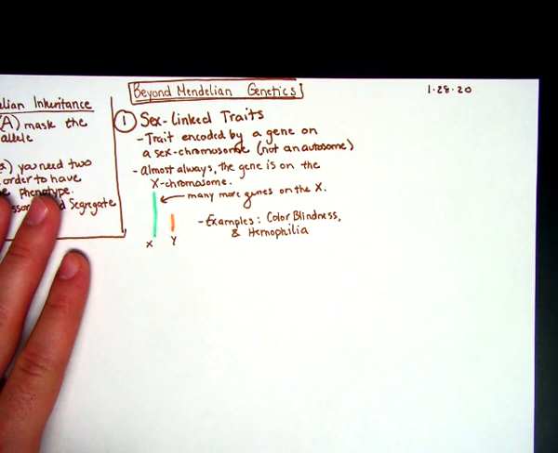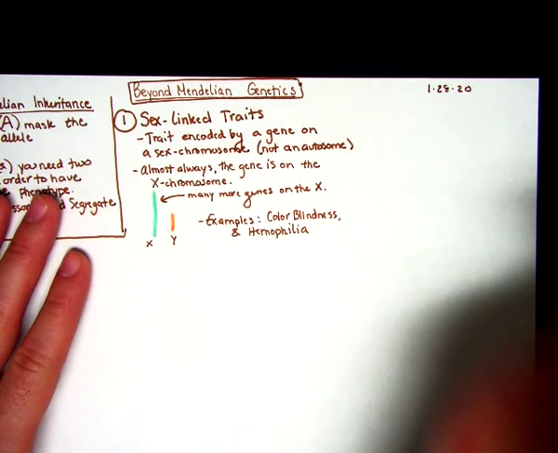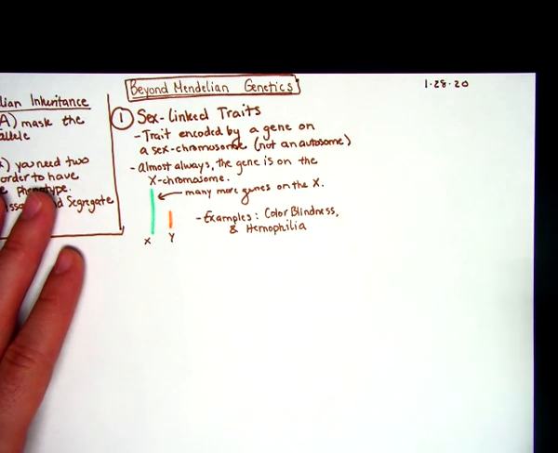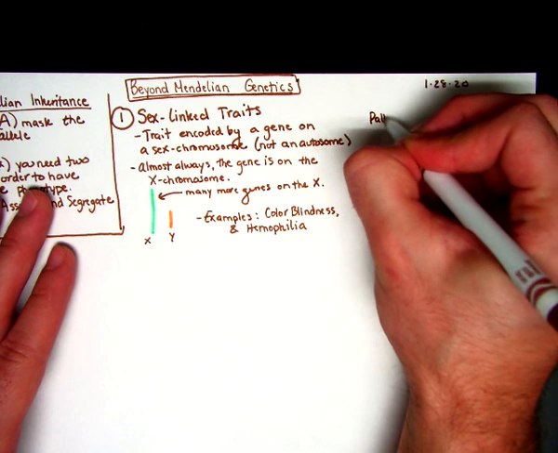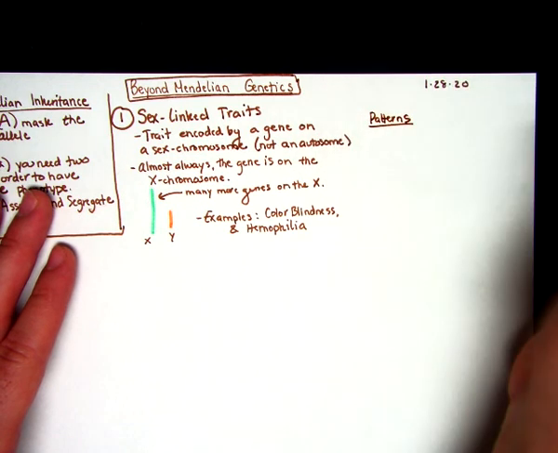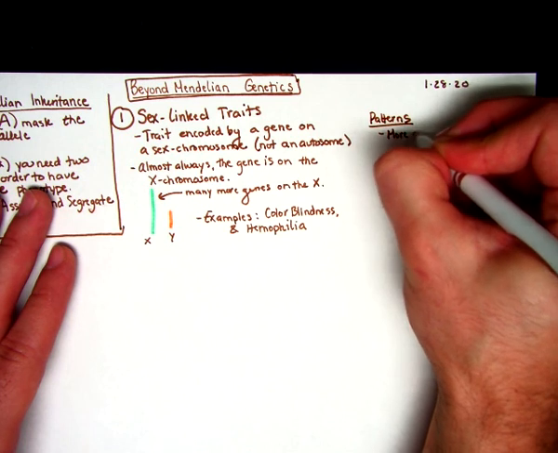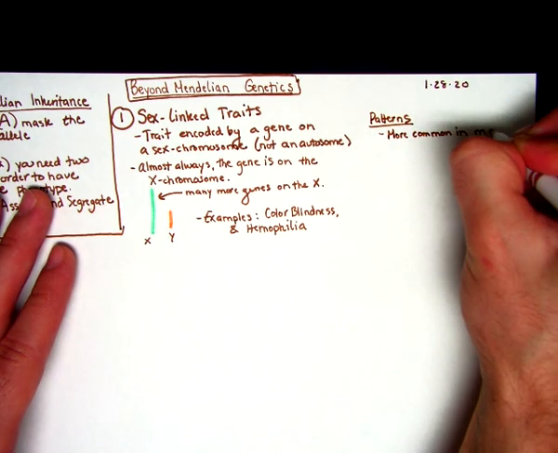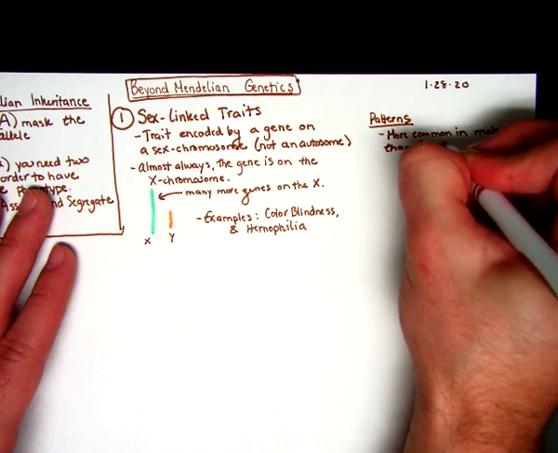So when it's determined that a sex-linked trait is being passed along through generations, some patterns that we see is that the trait is more common in males than females.